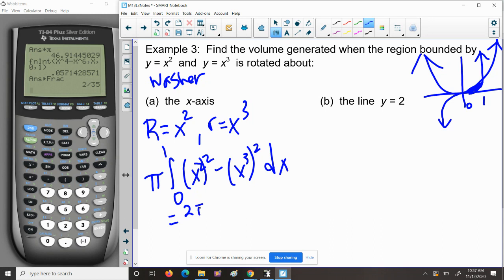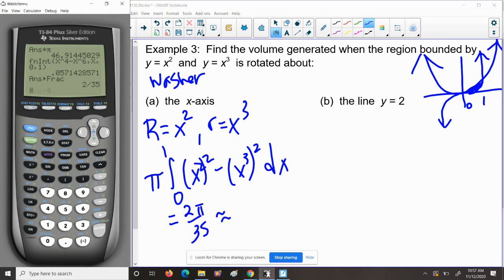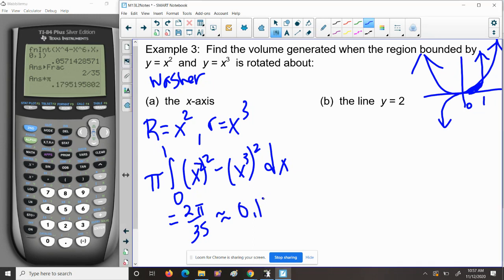So 2 pi over 35, which as a decimal, I'm assuming it's going to be pretty small, is 0.1795, so 0.180. Again, either one is acceptable if it's calculator active, and if it's multiple choice, they could do it either way.